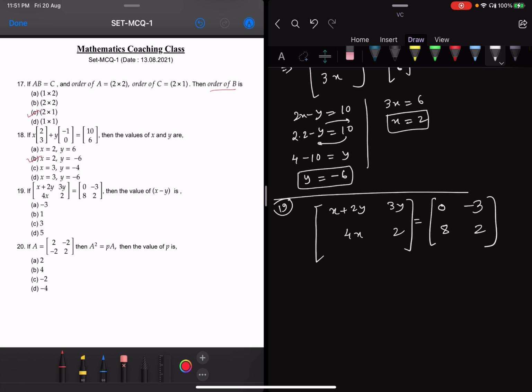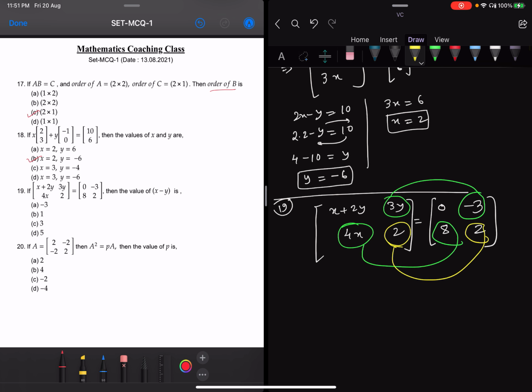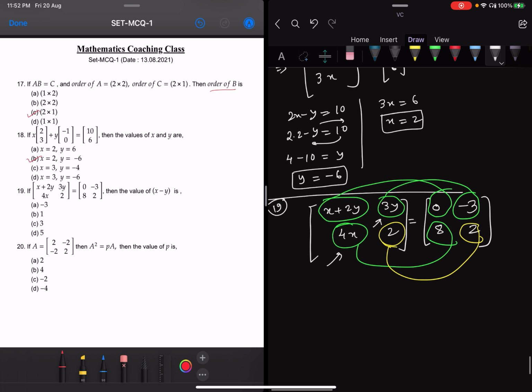Now the respective values will be same. That means these two values will be same. These two values will be same. You can see that these two and these two are already same. So it is not a good information for us to solve. And also these informations will be same. Now if we find that using these two informations we can find x and y, then we do not need this information.